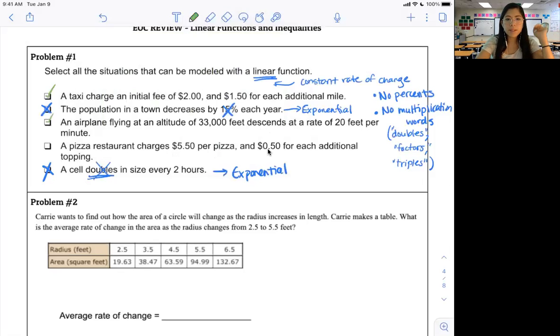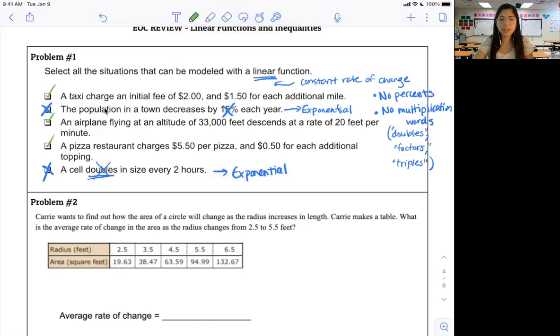That's the y-intercept. And 0.50 cents for each additional topping. That's addition. We're also good with that one. So all three that are good to go, it's because they have a y-intercept, they have a starting amount, and then an amount that's being added by a constant rate. Every mile, every minute, every topping, each topping.